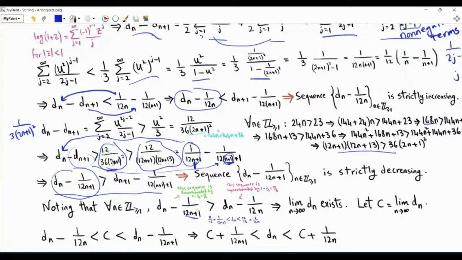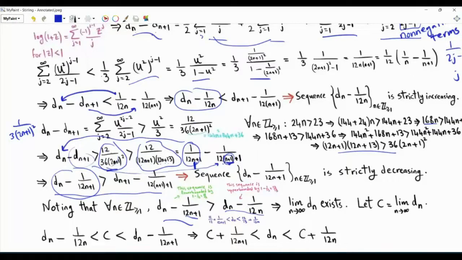So dn minus 1 over (12n plus 1) is always greater than dn minus 1 over 12n. The sequence on the left-hand side is strictly decreasing, and the one on the right-hand side is strictly increasing. Both sequences are strictly monotonic.